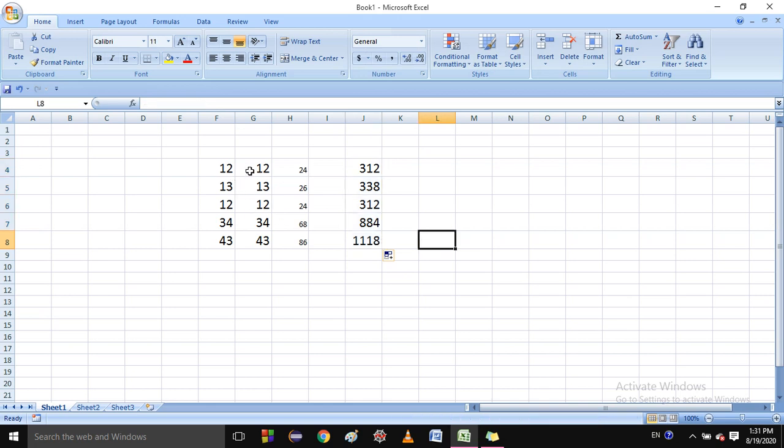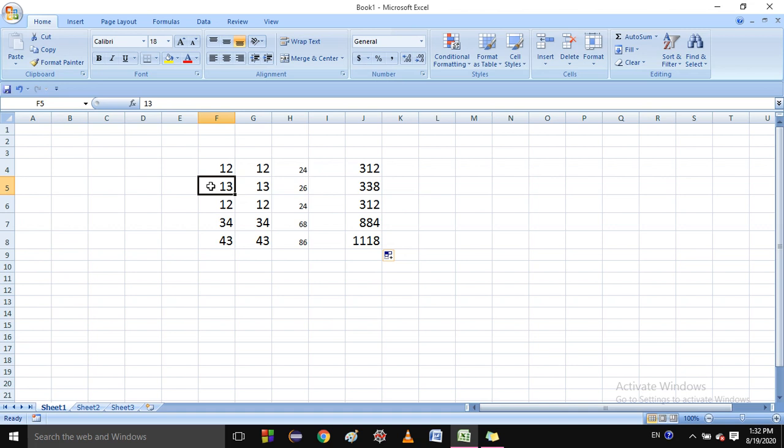So every time it adds, then multiplies by F5, then again adds, then multiplies by F5. So this is mixed reference. Mixed reference means adding the numbers and multiplying by a number which is fixed either column wise or row wise. But if the column and row are both fixed, then it is called absolute reference.